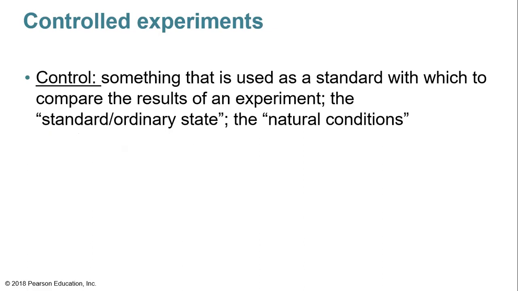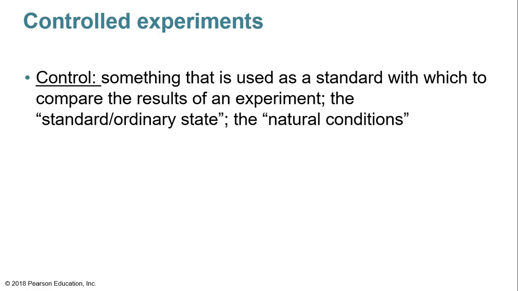So then when you add fertilizer to other fields and you grow strawberries, you're going to look back at that first field to see if the fertilizer is causing more strawberries to grow, or if there's no change at all, or maybe the fertilizer is even making the strawberries sick and they're not producing as much. But you always refer back to that original state, which is your control.